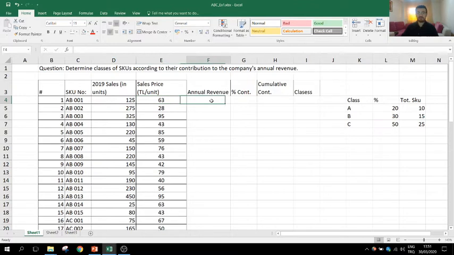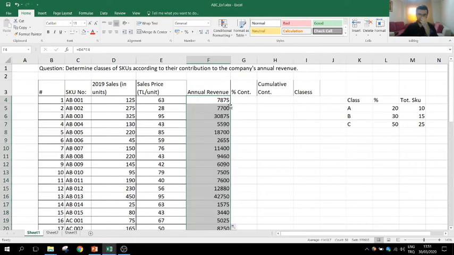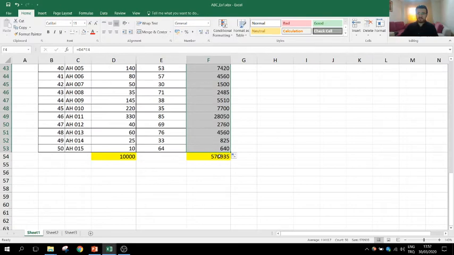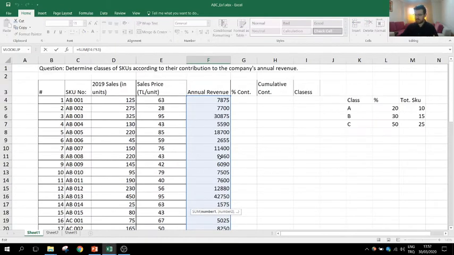So let's calculate the annual revenue generated by each SKU. For this purpose, I just need to multiply the total amount of sales of AB001 by its sales price, and I'm going to do this for all SKUs. Then I'm going to calculate the total revenue generated by my SKUs, which is the sum of total income.